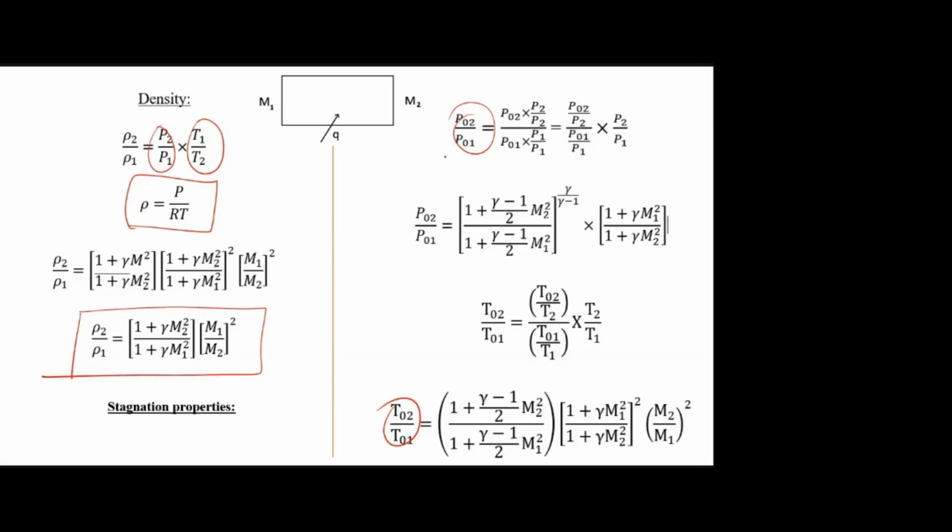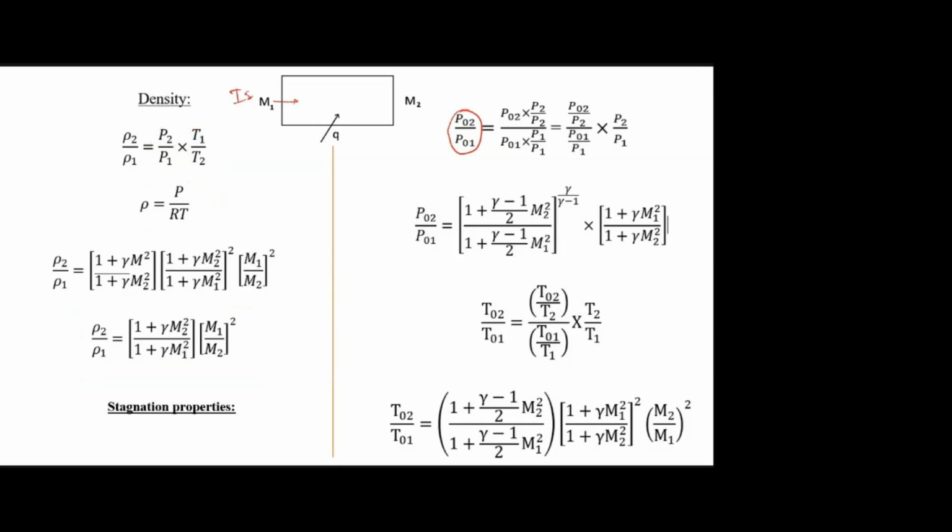Now we can go to the stagnation. So I should find the P02 and P01 relation. See here, the flow is isentropic. Okay, I know M1, P1, so I can find P01. Here the flow is isentropic, and inside the duct the flow is non-isentropic because of the heat transfer. Again, outside it is isentropic.